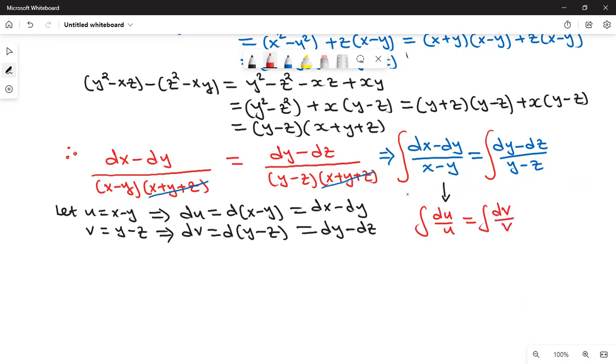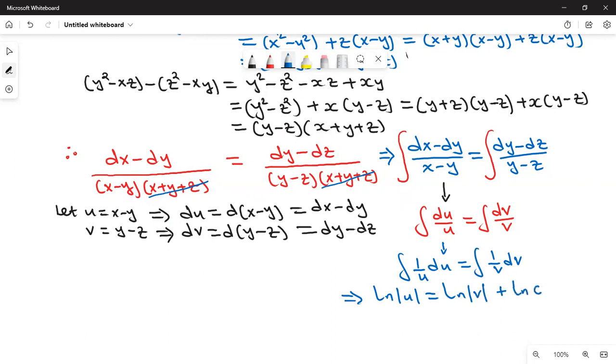So you know how to integrate. You can also write this as the integral of 1 over u du is equal to the integral of 1 over v dv. When you integrate, you're going to get natural log of u equals natural log of v plus natural log of a constant c1.